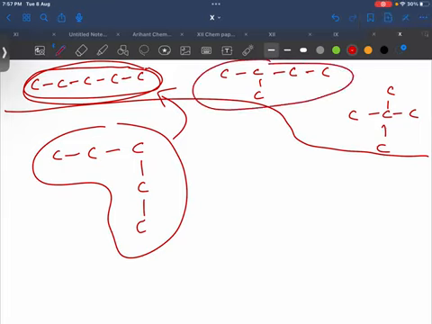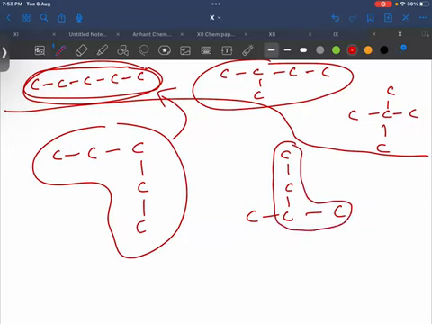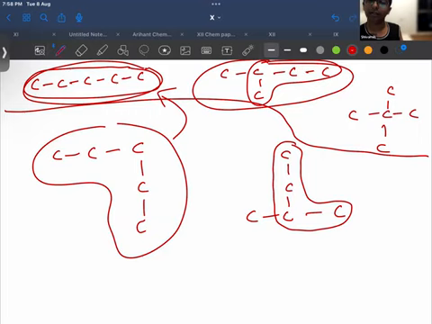If you look carefully, you choose the parent chain, it should be continuous. I chose this parent chain. Isn't this similar to this? Just reverse it. You just rotate it by 90. Right? Anything else?